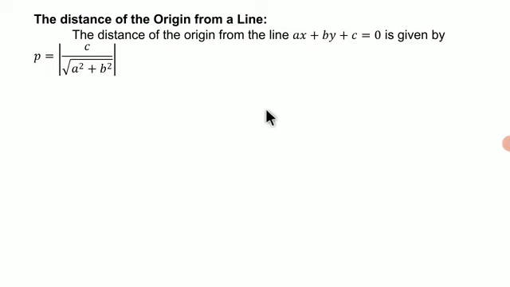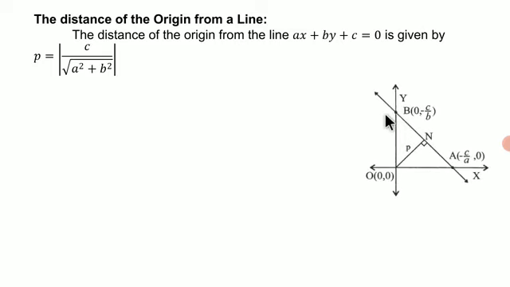Now for that we consider the figure in the xy plane. Suppose this is the line ax plus by plus c equal to 0. We assume this line cuts the x and y axes at points A and B. So see the proof.